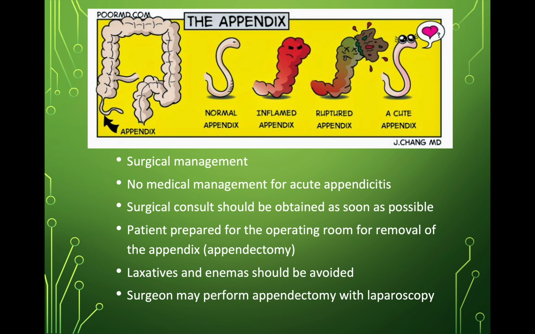They do have to be instructed about activity. They did still have surgery, so activity should be restricted. Things like lifting and exercising might have to be curtailed for a period of time until they follow up in a couple weeks at their post-operative visit.